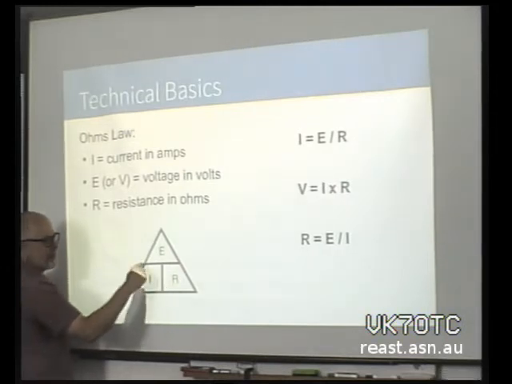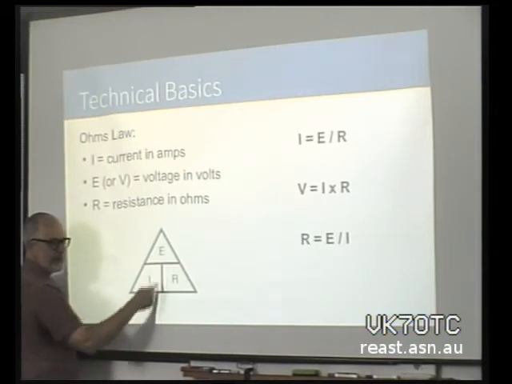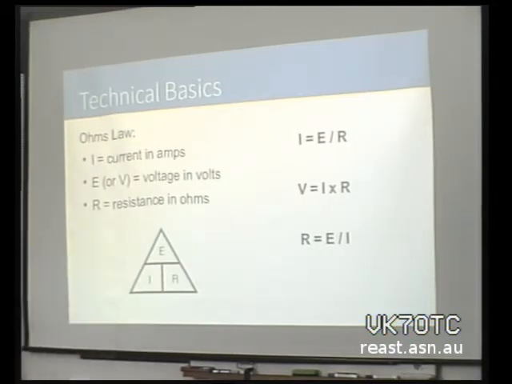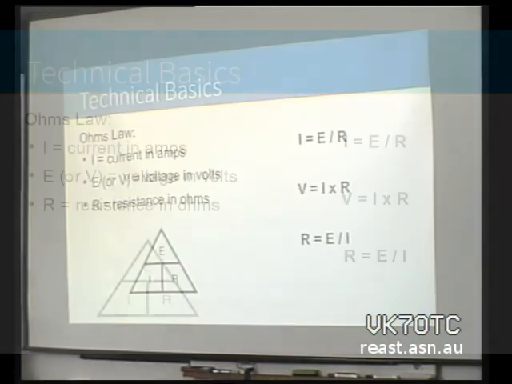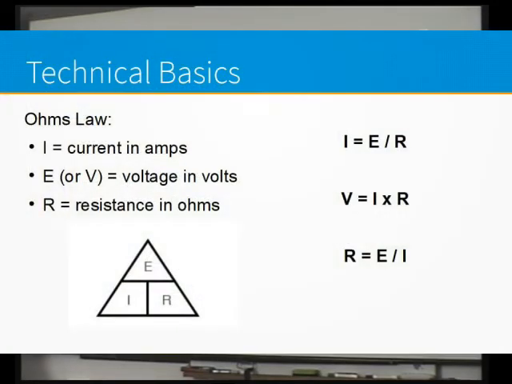So that's divide and that's multiply. One of the things in the exam is you're given a blank sheet of paper that you can scribble on to your heart's content. If you don't remember Ohm's law very easily, scribble the triangle on the paper, and then you can work it out.